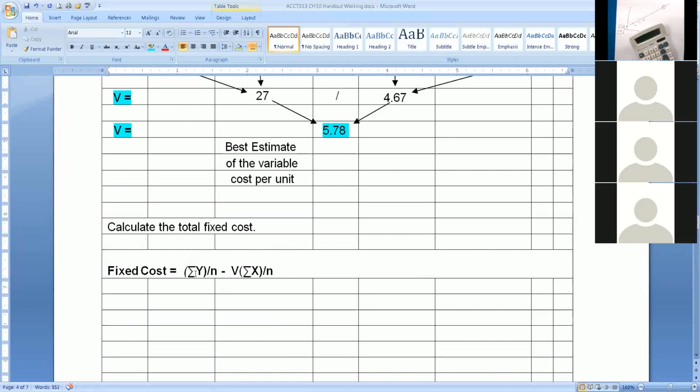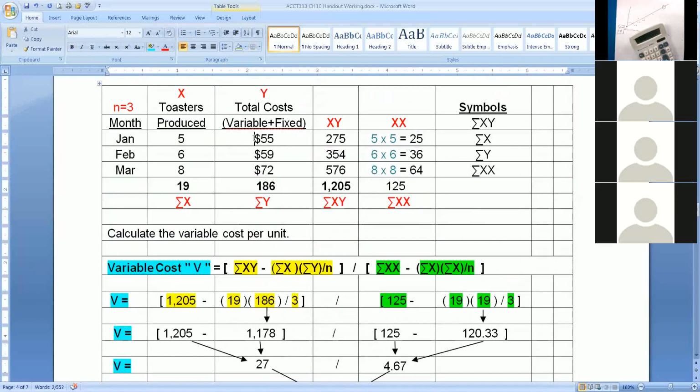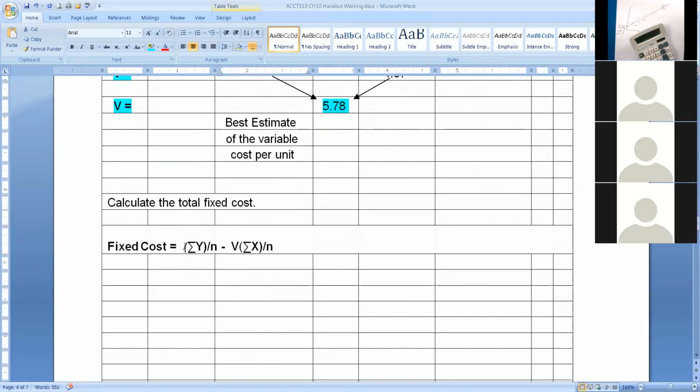Sum up y, divide by n. That is just the average total cost, right? If you wanted to average these total costs, what would you do? You'd add them all up, sum the y, divide by 3, right? That would be the average. So total costs, add them up, divide by 3, you get the average. That's all this is saying. What's the average total cost?